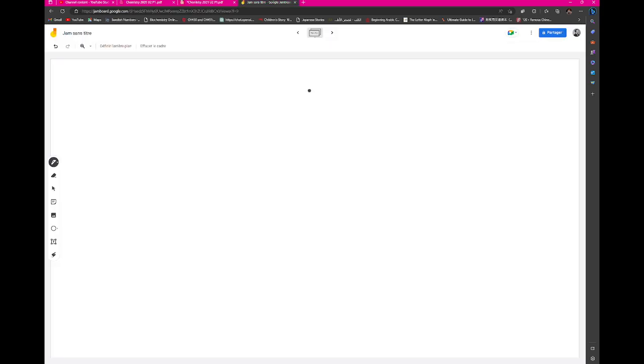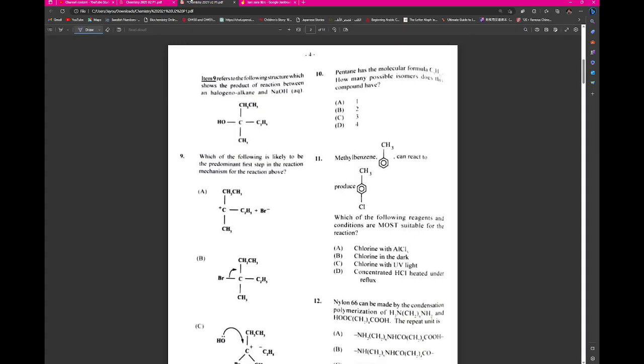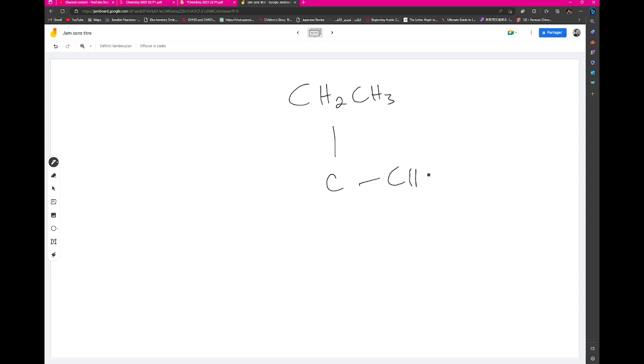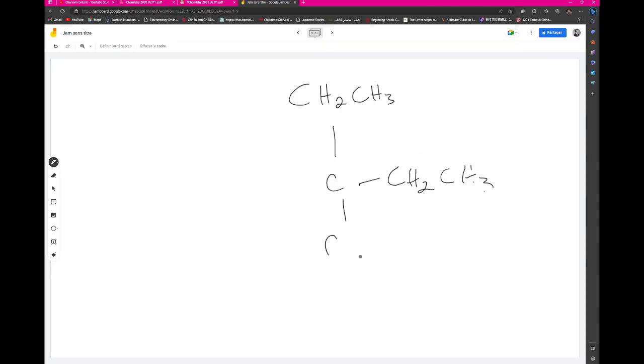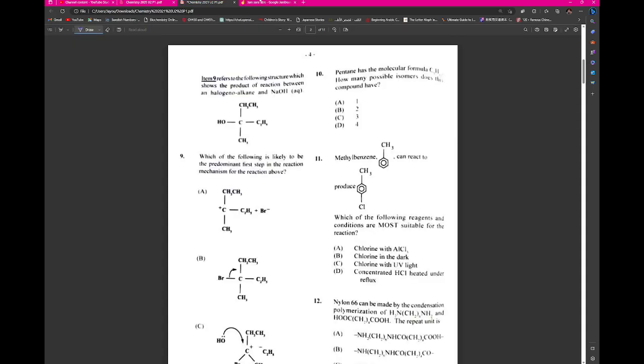CH2CH3 bonded to the carbon right there, CH2CH3, I believe, kind of hard to read. And here we have CH3, and we have the bromine.